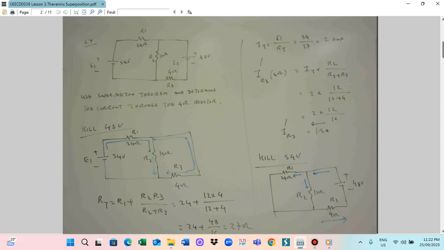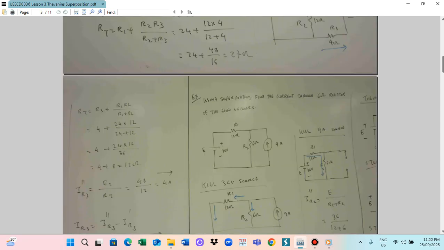So the second one is the K 54 volt. So the K 54 volt means the E1 is a short circuit. The short circuit means that this is the R1. R1 is a 24 ohm. And this is the R2. R2 is a 12 ohm. And this voltage source, the voltage will be 48 volt.